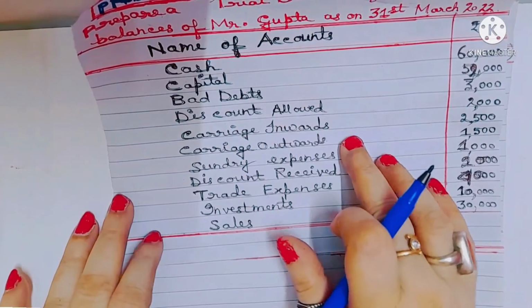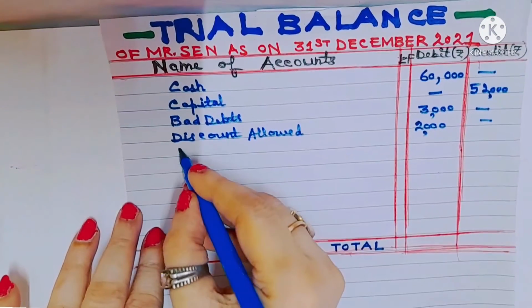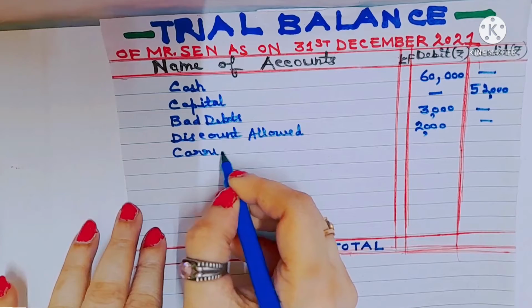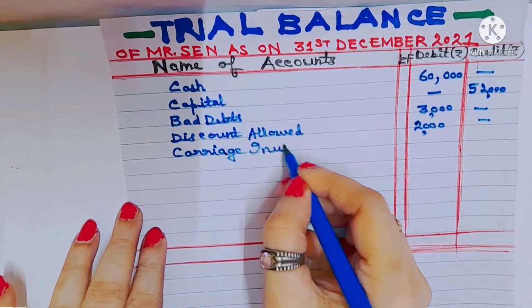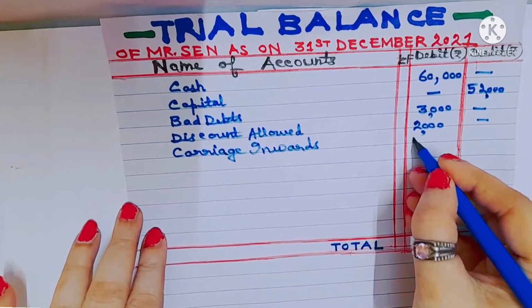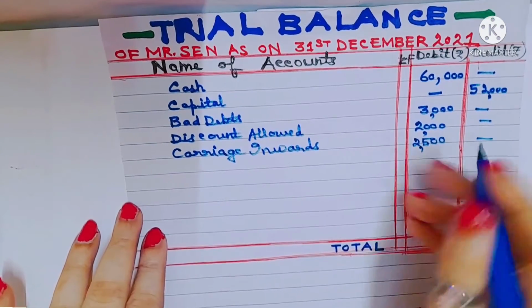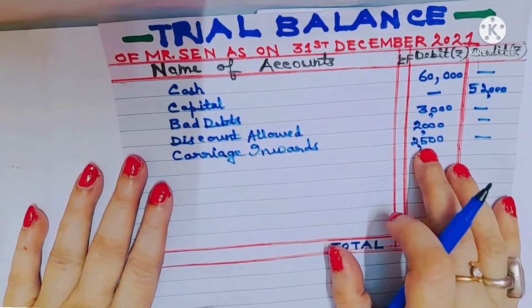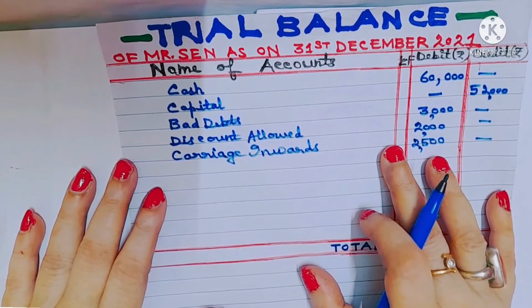Carriage inwards 2,500. Let's write carriage inwards, 2,500. Why is carriage inwards a debit balance? Because carriage inwards is a transportation cost.